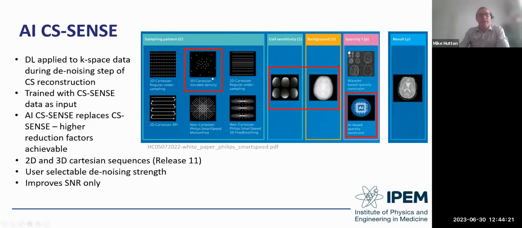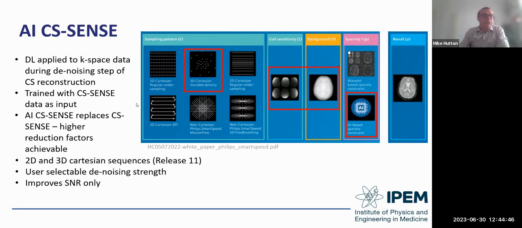So we have the subsampling, pseudorandom or incoherent subsampling of k-space. We have the SENSE reference scan and this background data. And then the key difference between AI CS SENSE and CS SENSE is that we replace the wavelet denoising step with AI-based denoising. So the AI CS SENSE neural network has been trained with CS SENSE data as the input.